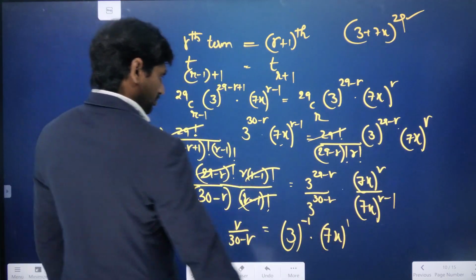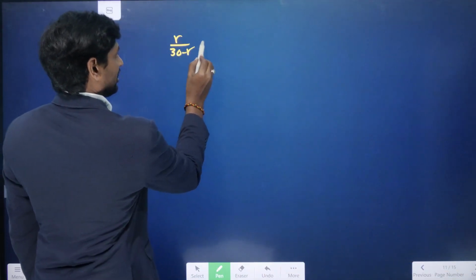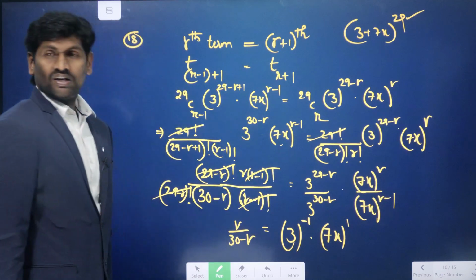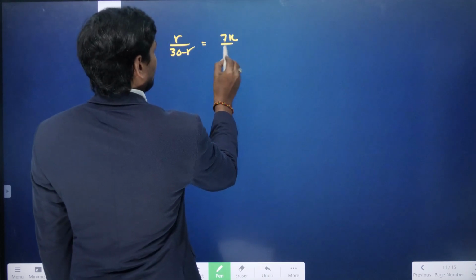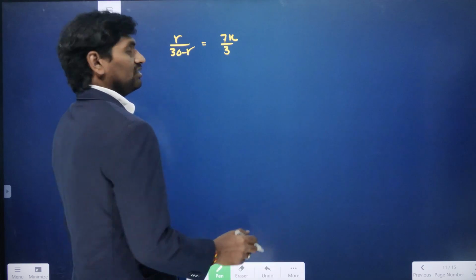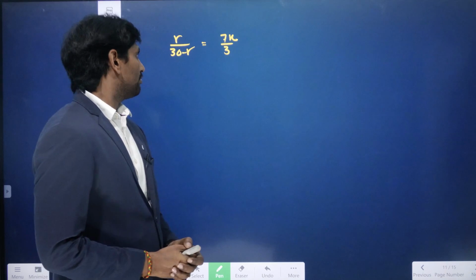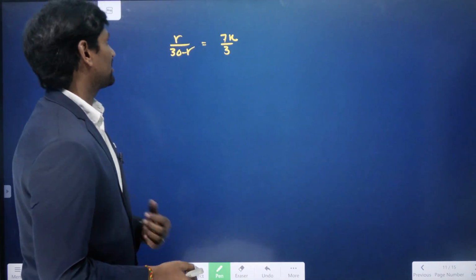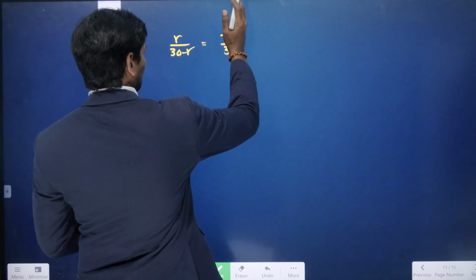So finally what remains is r by 30 minus r equals 3 power minus 1, that is nothing but 1 by 3, so simply 7x by 3 I can write it. Okay? 7x power 1, 3 power minus 1. But actually the question is asking for the coefficient, so we can leave that x. So only 7 we can take, 7 by 3.